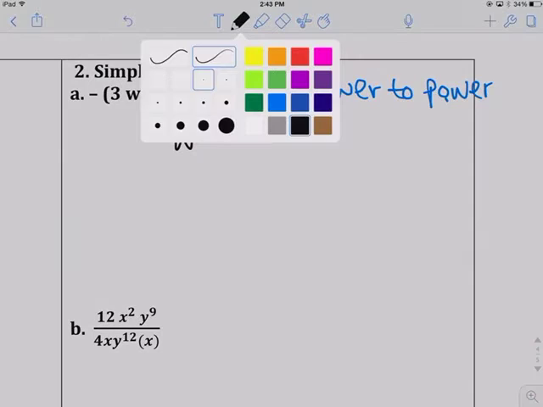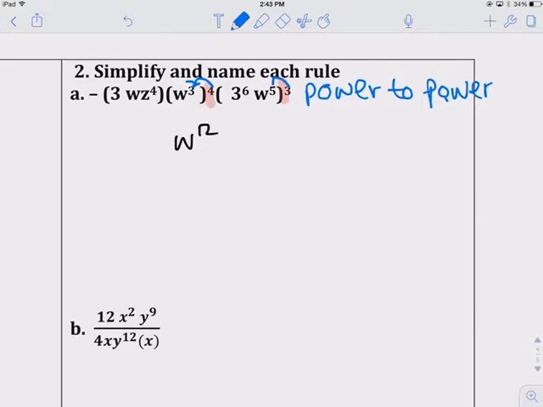And then this one to that one gives you 3 to the 18th, right? And w to the 15th, right? And that negative there is still there. Okay, so we can expand that negative. That's -1 times, -1, we're going to times whatever it is we get. So 3wz to the 4th.